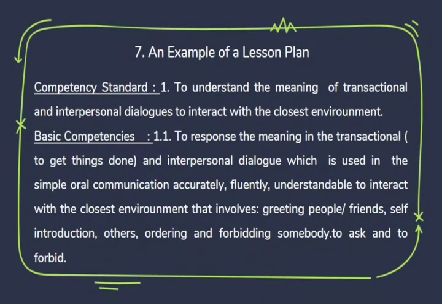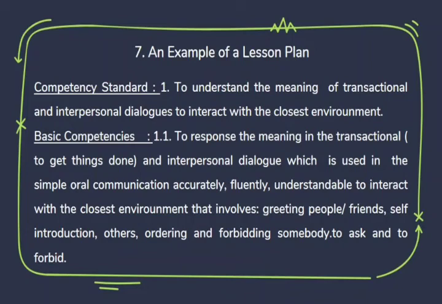And then you have to map your competency standard and basic competencies. And this is the example about that, like competency standard 1, to understand the meaning of transactional and interpersonal dialogues to interact with the close environment.